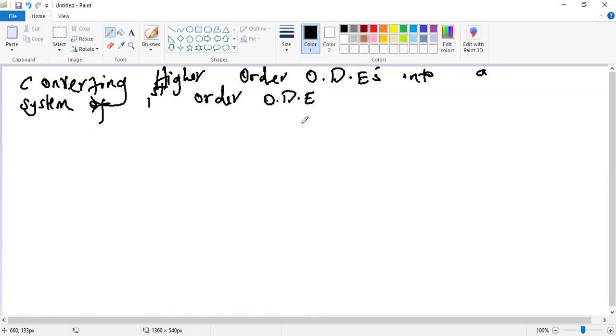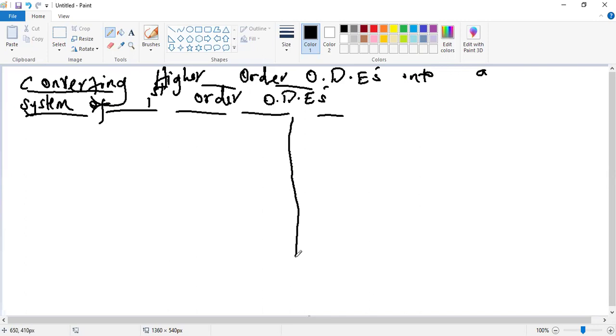If you have higher order ODEs, let's say you have second order, third order, fourth order, and so on, how do you go about converting that higher order ODE into a system of first order differential equations? So let's look at an example.